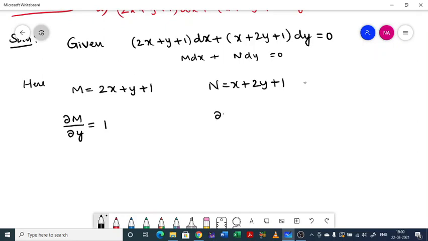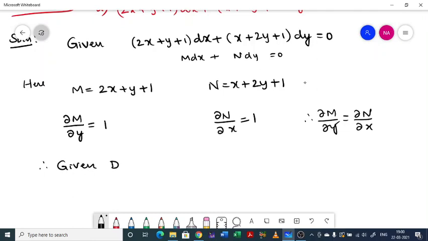Similarly, differentiate N with respect to x partially, and you get 1. Therefore dou M by dou y equal to dou N by dou x. From this our conclusion is that the given differential equation is exact.